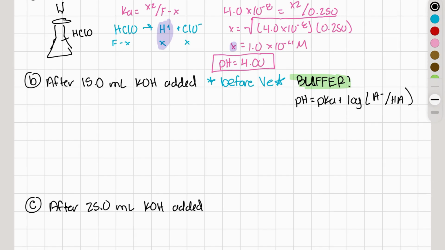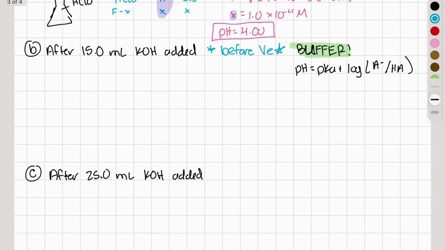All right, so let's take that. I'm going to rewrite our equation. So that's going to be HClO. We've now added some OH. Gives me ClO minus plus H2O. Okay, and let's see. If we know that this is our Henderson-Hasselbalch, let's figure out what we have.